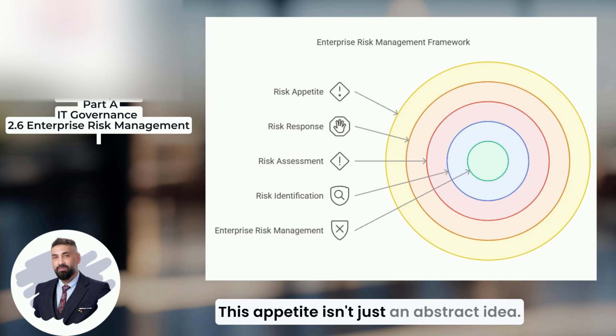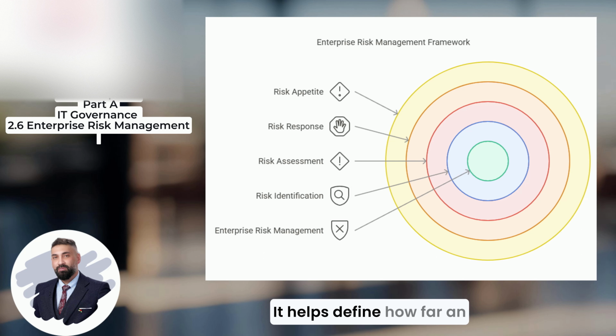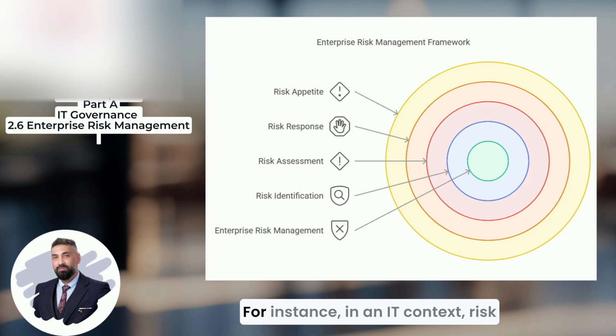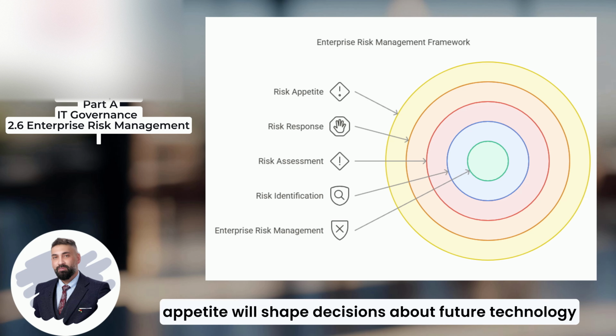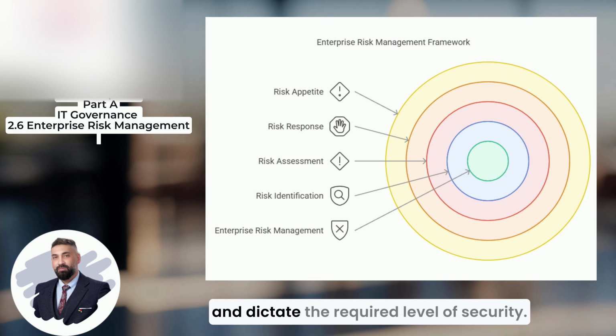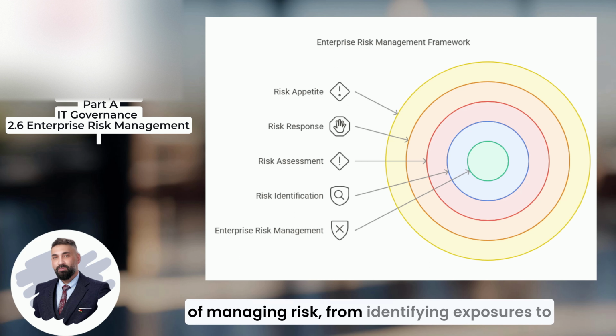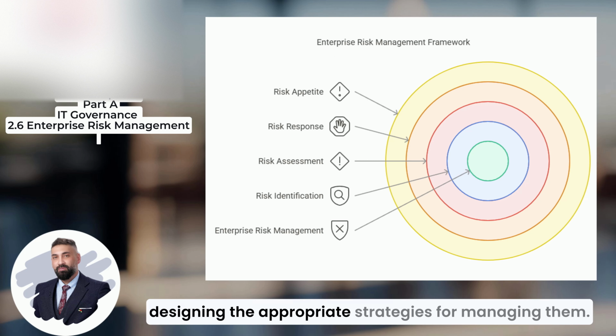This appetite isn't just an abstract idea, it helps define how far an organization can push the innovation envelope without venturing into dangerous territory. For instance, in an IT context, risk appetite will shape decisions about future technology investments, set standards for protecting IT assets, and dictate the required level of security. Understanding this appetite drives the entire process of managing risk, from identifying exposures to designing the appropriate strategies for managing them.